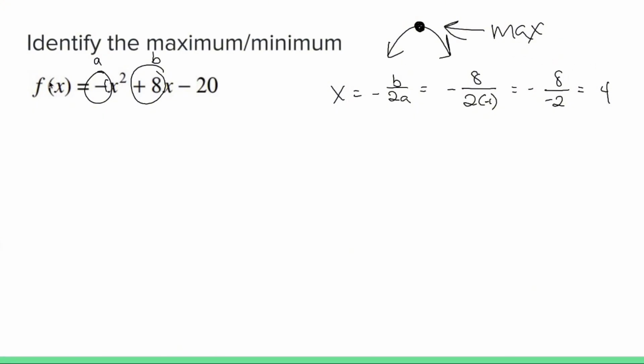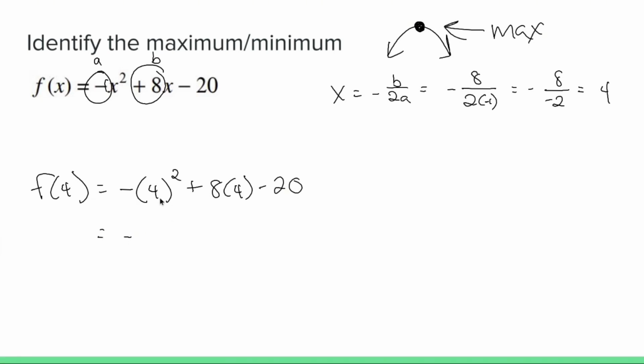Let's find out what the f of x value is by plugging in 4. So f of 4 is going to equal -4 squared plus 8 times 4 minus 20.